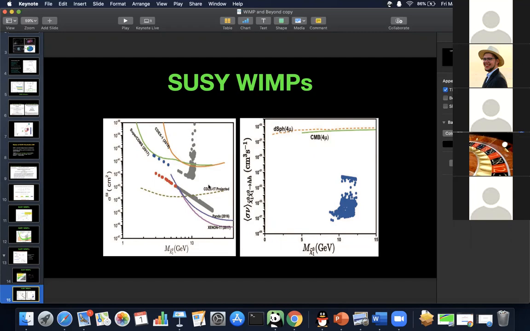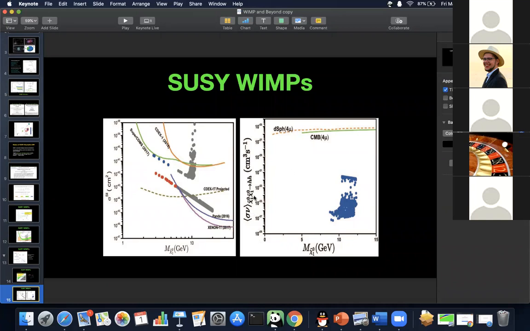But I think with the latest CDEX results or other direct detection limits, most of these samples can be excluded, or only a very narrow parameter space is left.